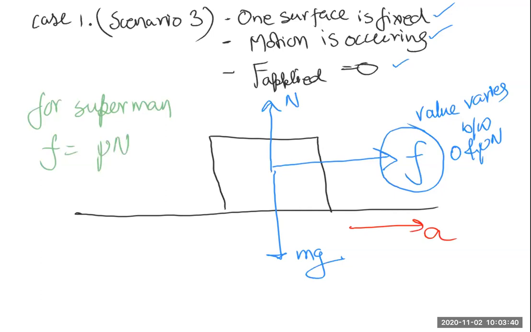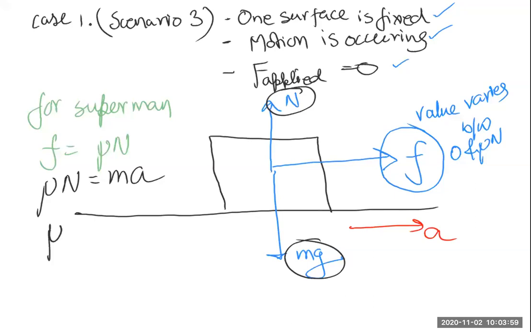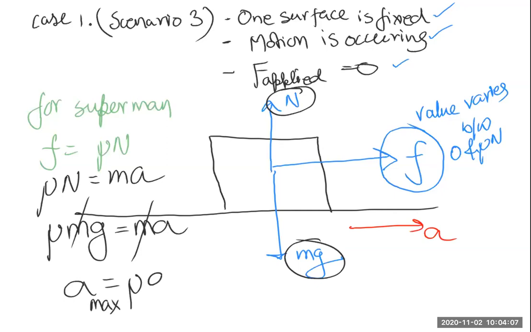So this friction, remember, is responsible for the acceleration. So mu n must be equal to ma. But n is equal to mg because vertical acceleration is not there for Superman or for any man. So mu mg is equal to ma. M cancels out and a maximum is equal to mu g.